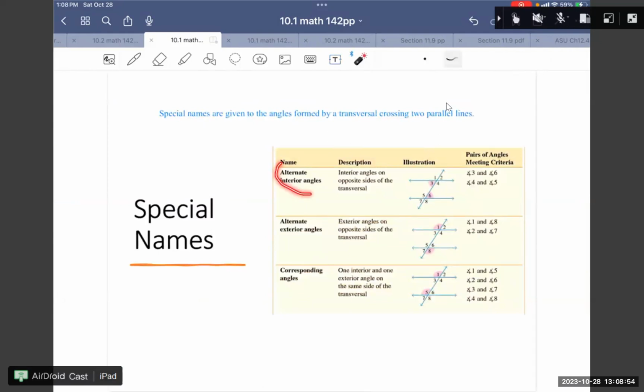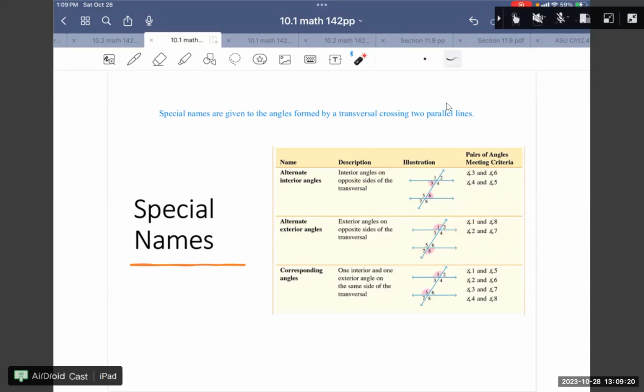Internal angle. So we have the same measurements on opposite sides of the transversal. We have alternate interior angles, so this angle and this angle have the same measurements.